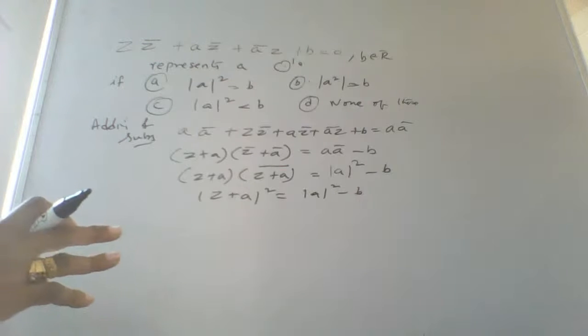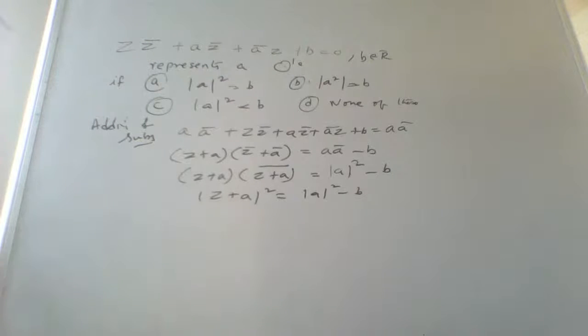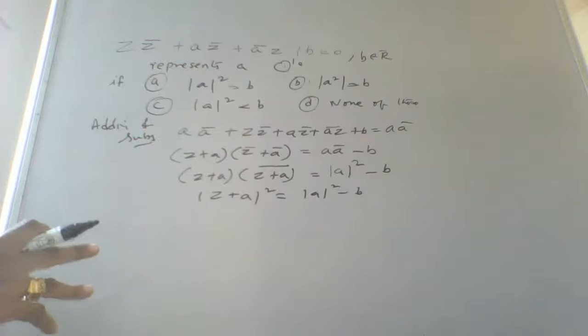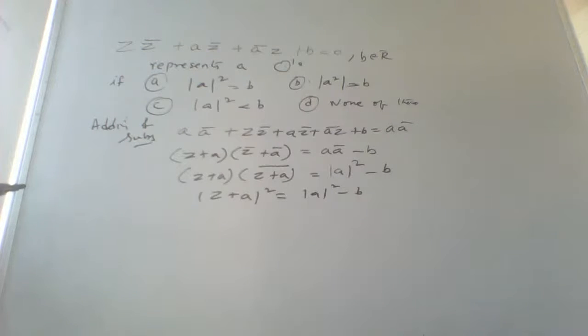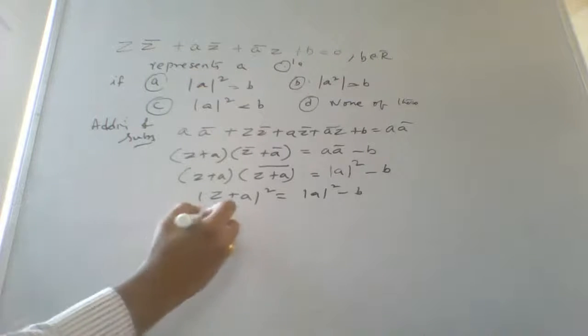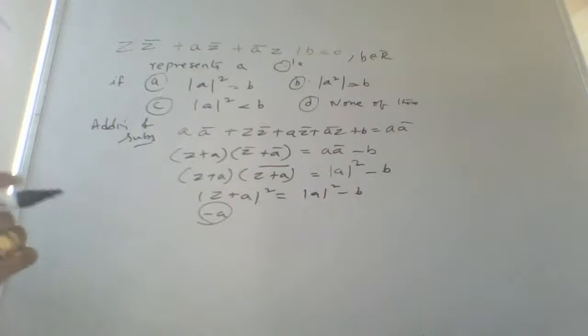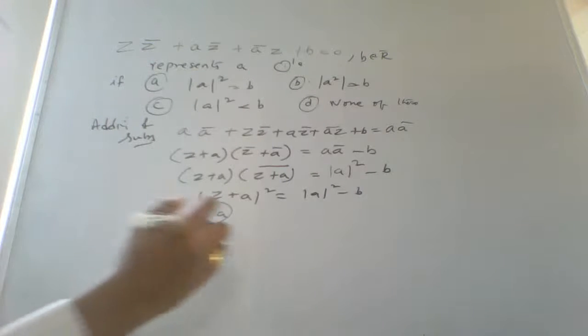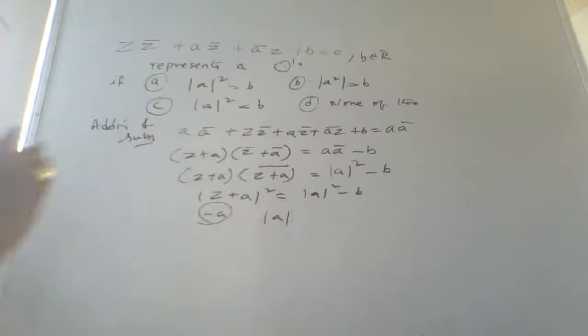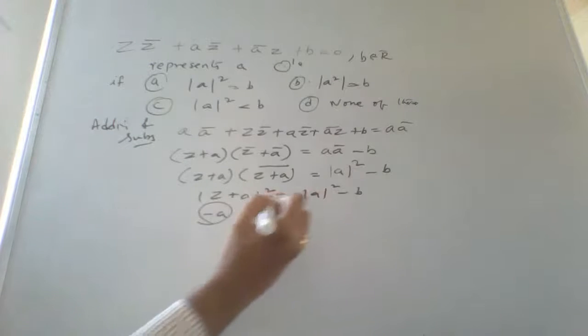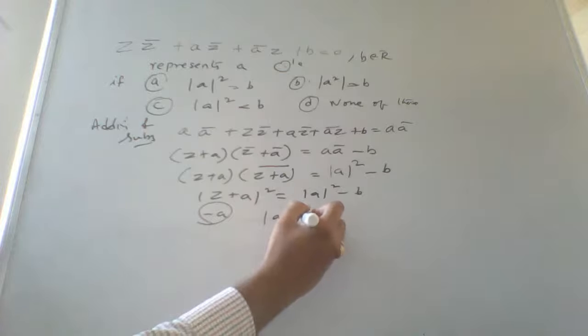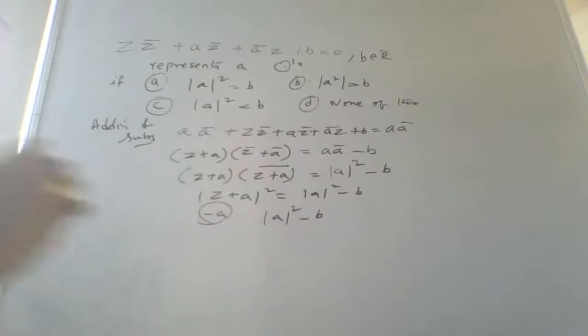Now this represents a circle which is centered at minus a, provided mod a square minus b should be greater than 0.